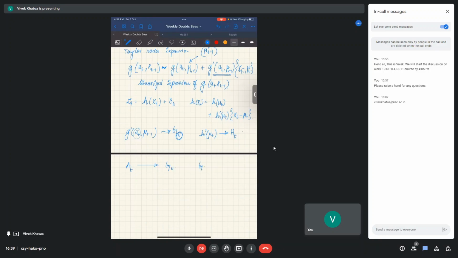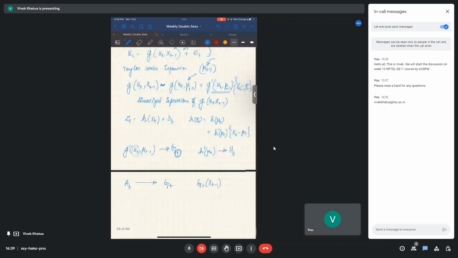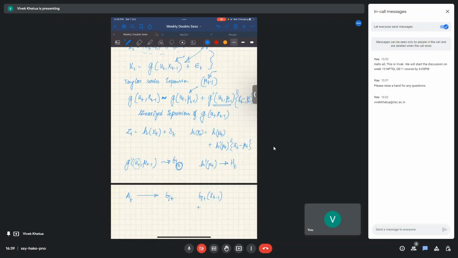Now we will have G_t x_t minus 1, plus g of u_t, mu_t minus 1, minus mu_t minus 1 times g dash of u_t, mu_t minus 1.